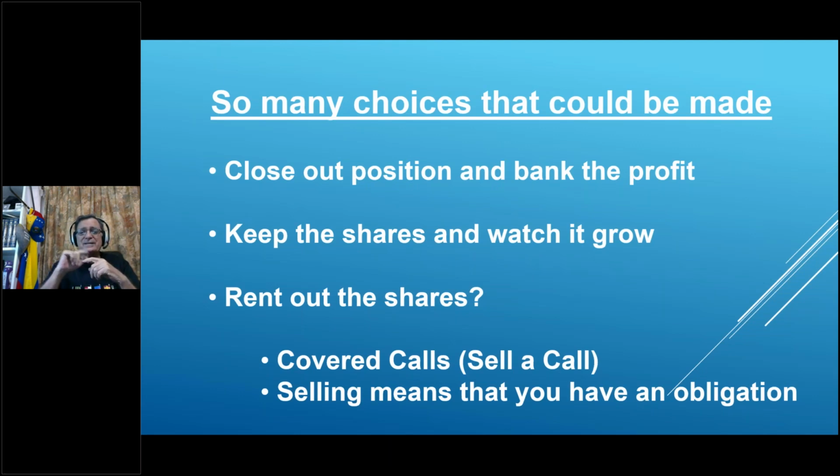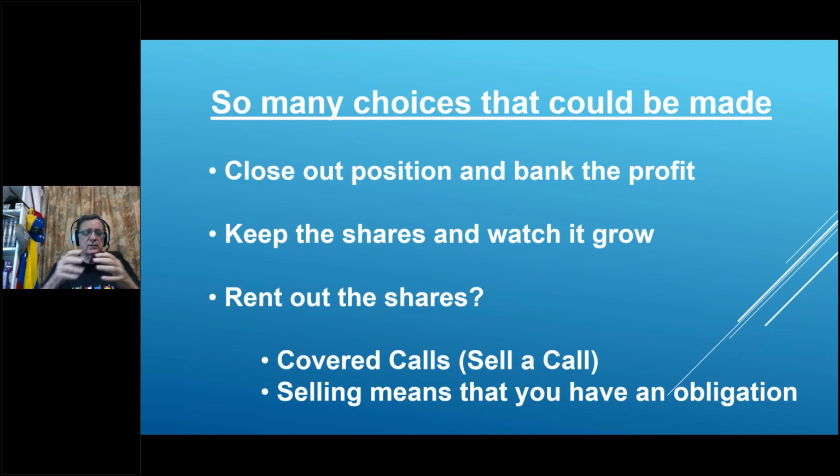Now, when I sell a call, I have the obligation. Selling means that you have an obligation. I have the obligation to give you those shares when you want them at that price. It has to be within the period of time that the option is valid for, because options have a period of time from 30 days till basically 2 years in some cases.